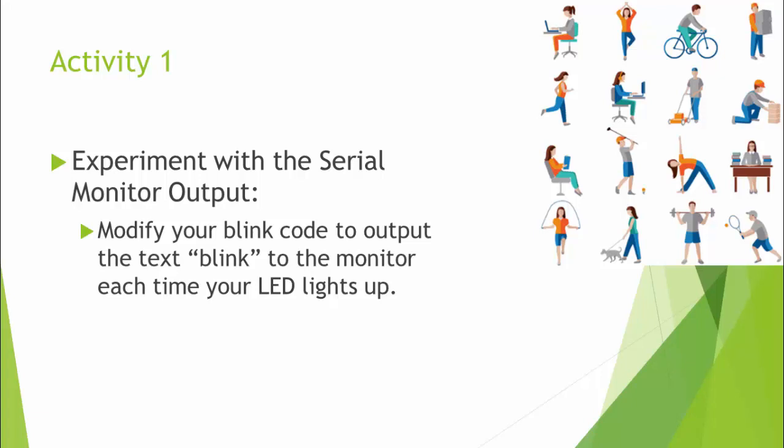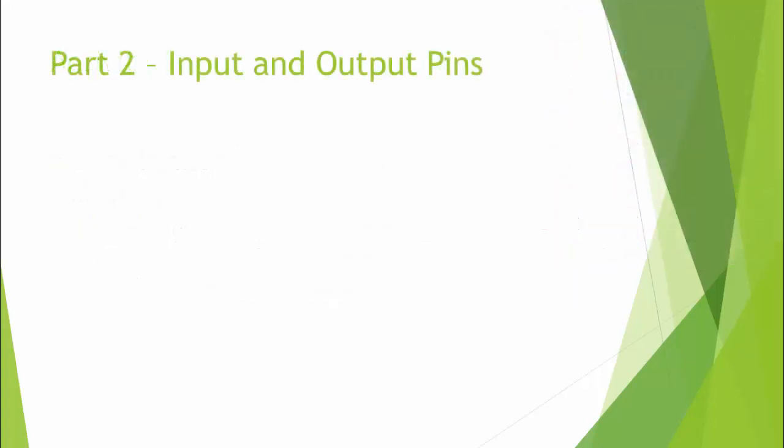But each time that the LED lights up, you should see the word blink printed into the serial monitor. Okay, that's some debugging technology, that's some development technology, and it's incredibly important.